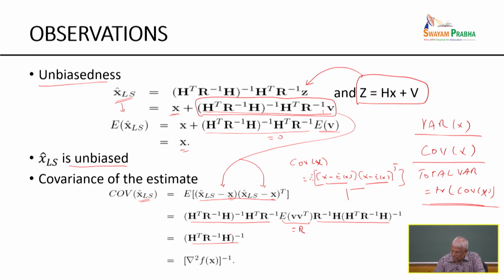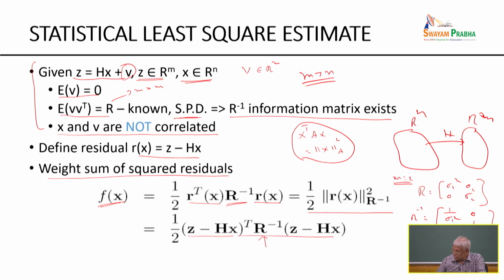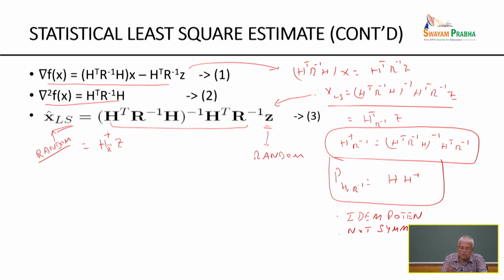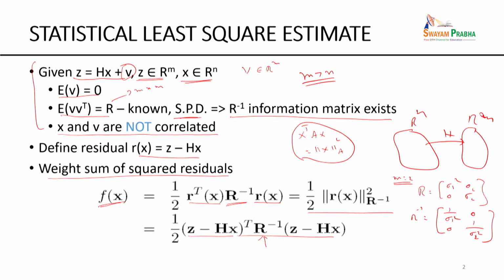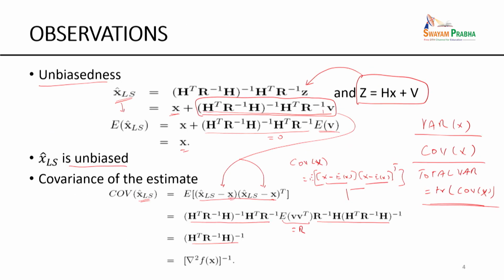So what is this quantity? It is related to the Hessian. Equation 2, what is that? The Hessian of f of x, please understand, f of x is given by this expression, which is star, the Hessian of that is H transpose R inverse H. So this is H transpose R inverse H inverse.